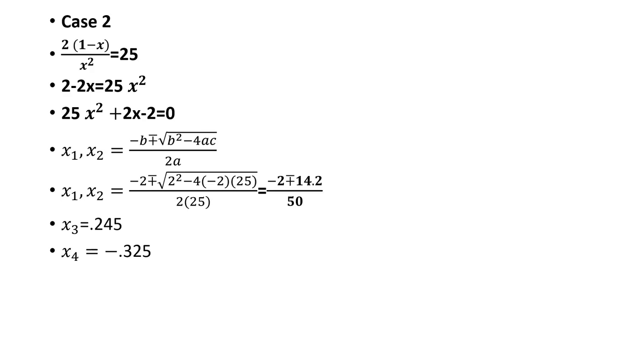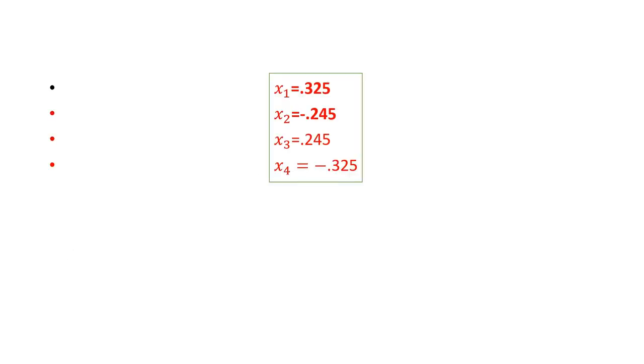And if I plug in the values which I got from here, we get minus 2 plus minus the square root of 2 squared minus 4 times minus 2 times 25, over 2 times 25, so x3 would be 0.245 and x4 would be minus 0.325. To make the story short, our roots are going to be 0.325, 0.245, minus 0.245, and minus 0.325.